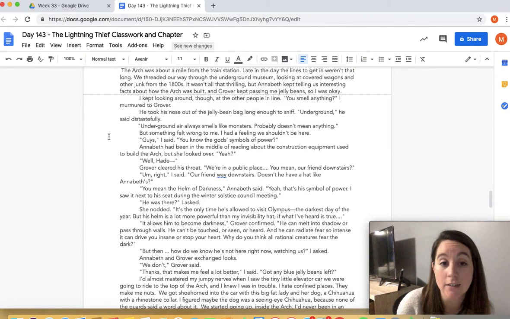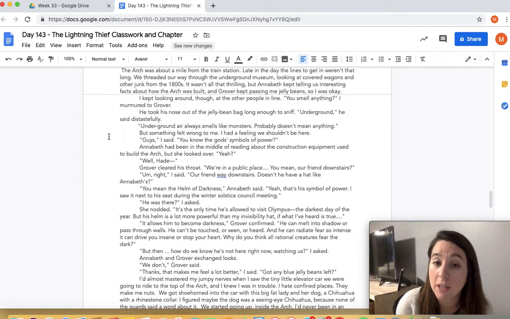"Guys," I said, "you know the god's symbol of power?" Annabeth had been in the middle of reading about the construction equipment used to build the arch, but she looked over. "Yeah?" "Well, Haiti." Grover cleared his throat. "We're in a public place." "You mean our friend downstairs?" "I'm right," I said. "Our friend way downstairs.